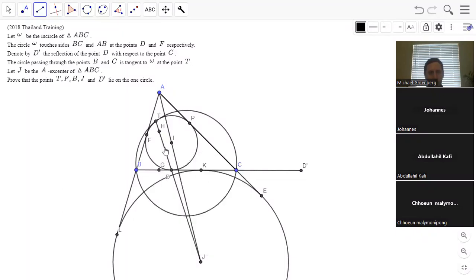Because it is well known that AD intersects the circle at the point that is opposite to K. Just because ID is parallel to KJ, so if you do a homothety, it'll take ID to that diameter. And then the topmost point of this goes to K. Okay, so T is just the intersection of JB with the circle.